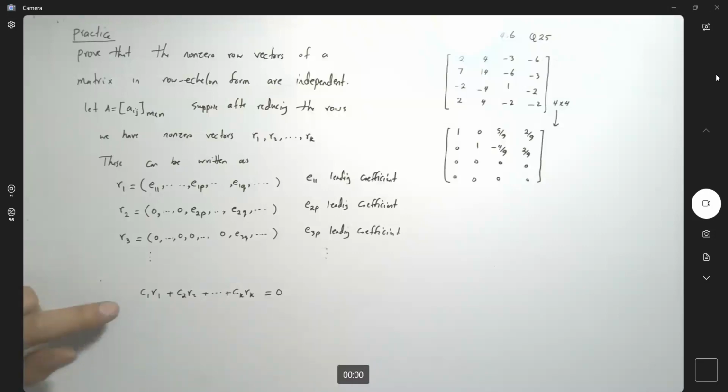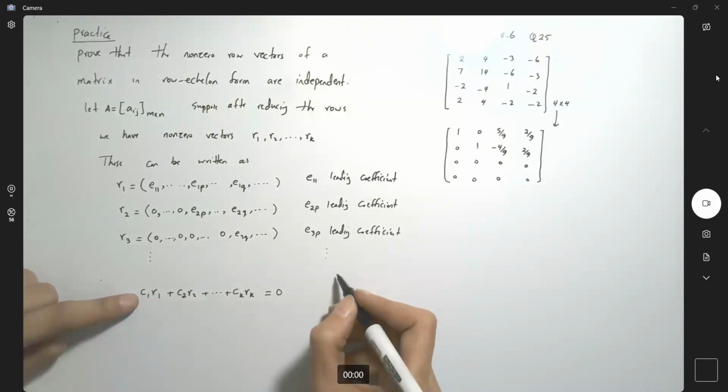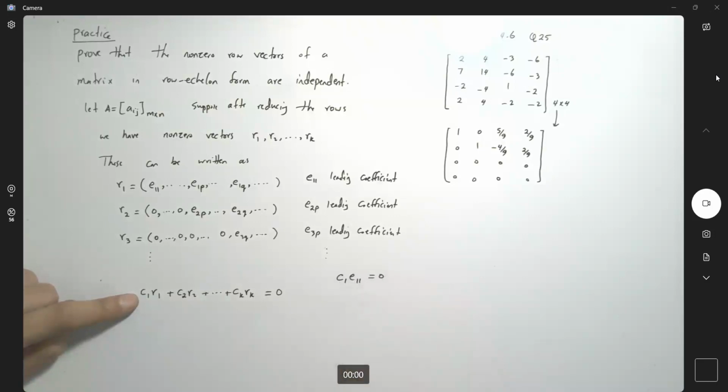Let's take a look. Here you have C1 R1, which is C1 E11 equal to 0. Well, E11 is not 0, so C1 must be 0.